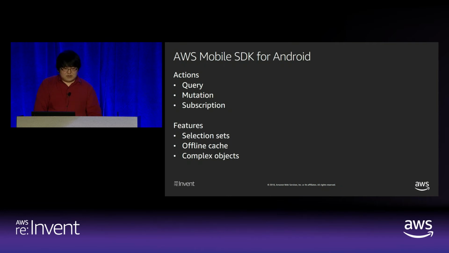It will take in the selection sets, and then internally it'll have an offline cache and support for complex objects. So whenever you do a mutation to create a news article, it'll detect that you have this S3 object, take that local URI, upload it to S3, and then that information will be there for you when you want to retrieve it from a query.